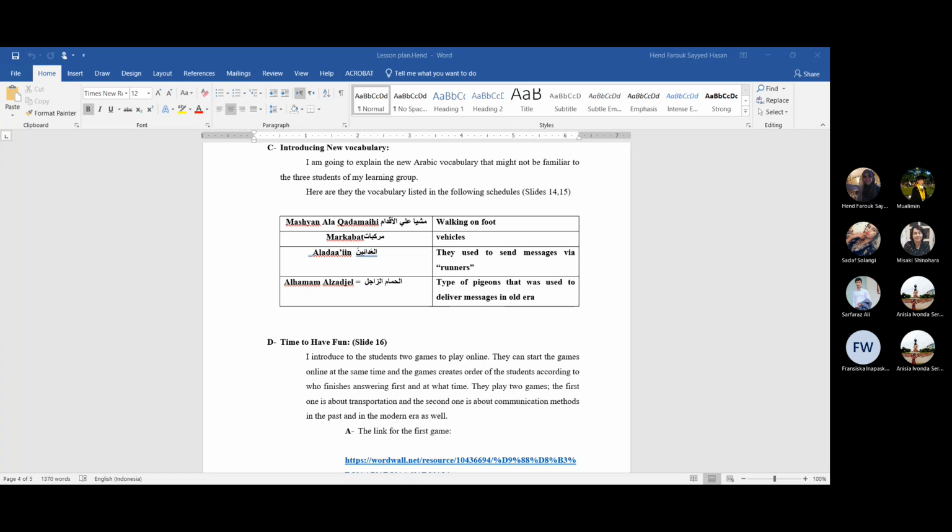Then the communication methods in all times were very slow. Human beings used to try to send news via runners. If we have a runner, then we depend on them to run from one place to another, from one country to another, from one village to another to deliver the news.